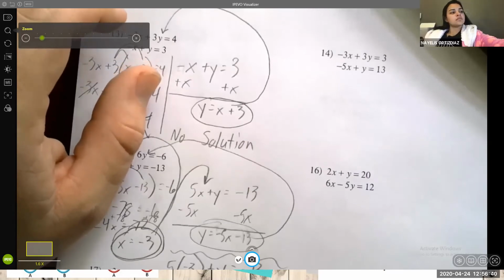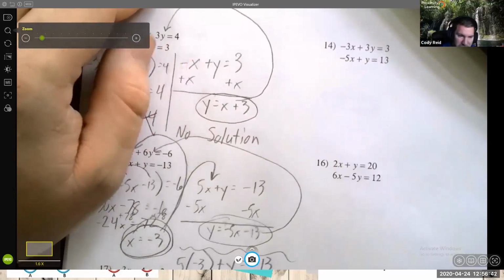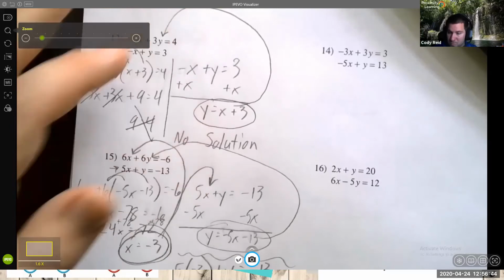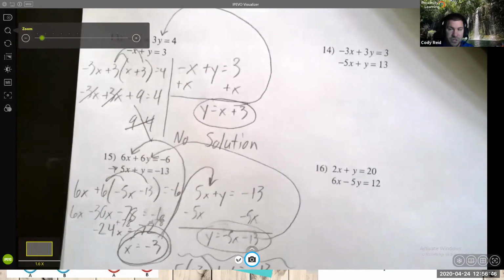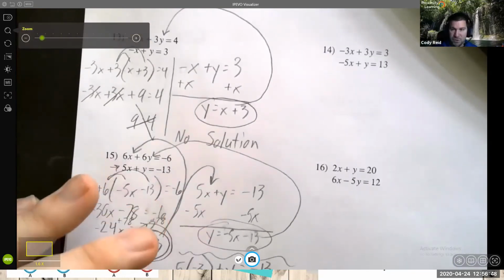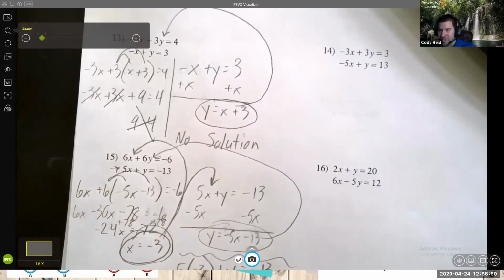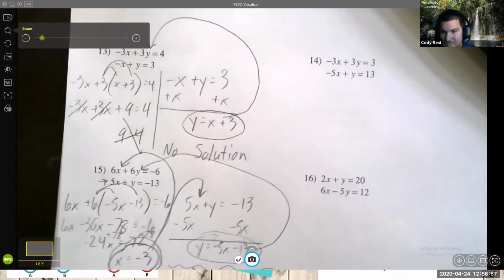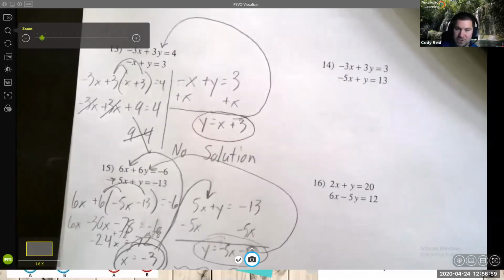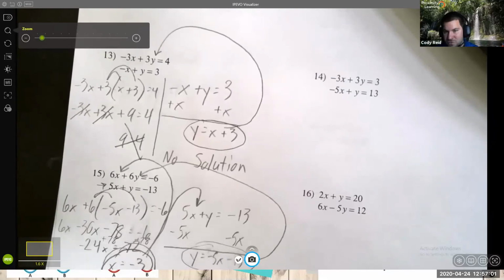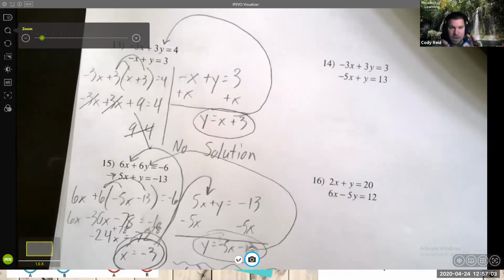So if you're more comfortable with substitution, or if the problem looks like it'll be easier with substitution, do substitution. If after we go over elimination you're like, Mr. Reed, I like elimination better, your choice. I have no preference. I'm not going to say you've got to do elimination for 10 problems and substitution for 10 problems. I'm showing both methods. You take it away.